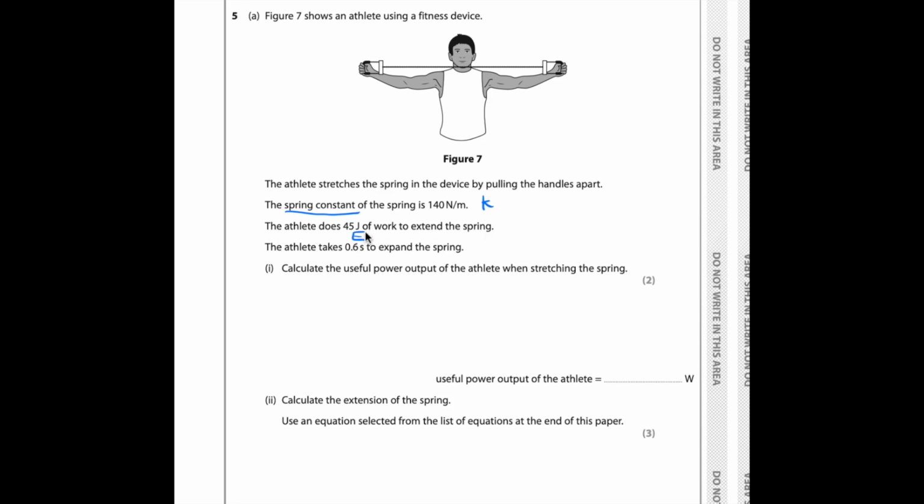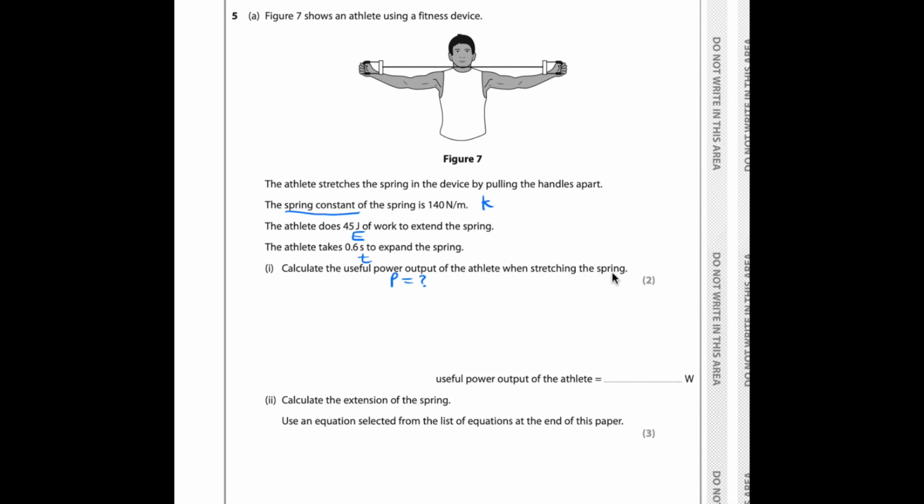So work is the same as energy transferred, E. The athlete takes 0.6 seconds, so that's the time T, to extend the spring. Calculate the useful power output, so we're looking for P, of the athlete when stretching the spring.